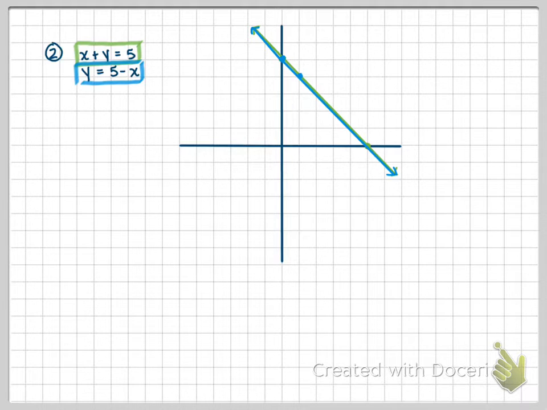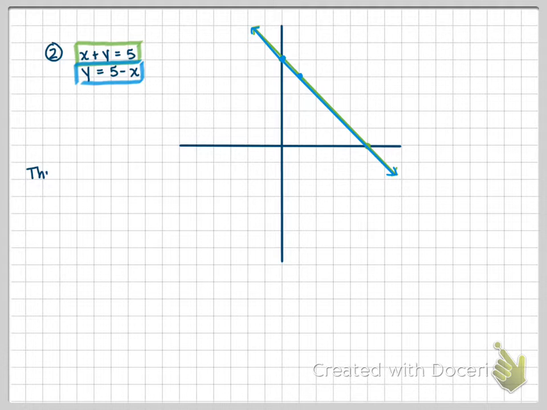And so does this system have any solutions? Infinite, right? There's an infinite number of them, because every single point on that line is a solution to both the green and blue. So is it consistent or inconsistent? It's consistent. Remember, consistent just means it has some solution.